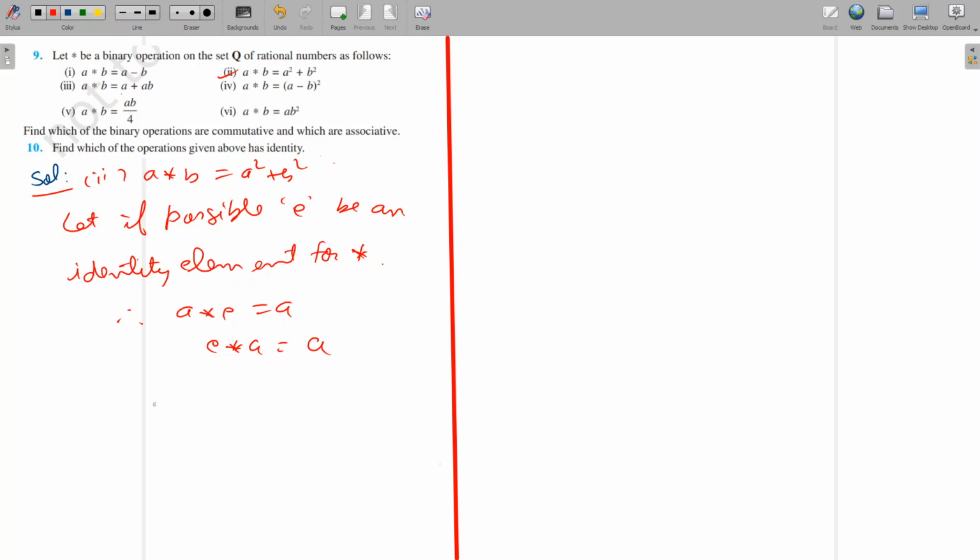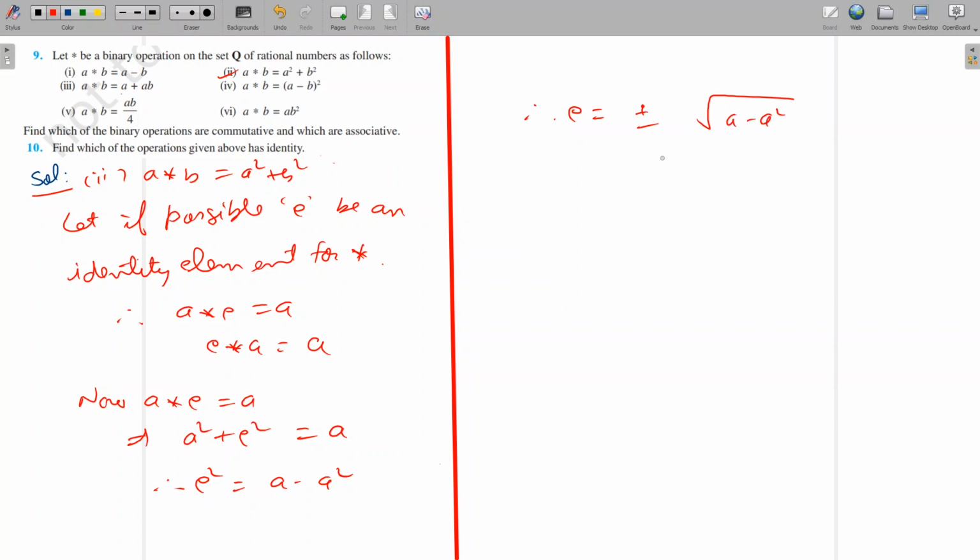So let us first solve A star E. A star E equal to A implies, applying the definition of A star B, A square plus E square equal to A. Therefore, E square equals A minus A square, so E equals plus or minus square root of A minus A square.